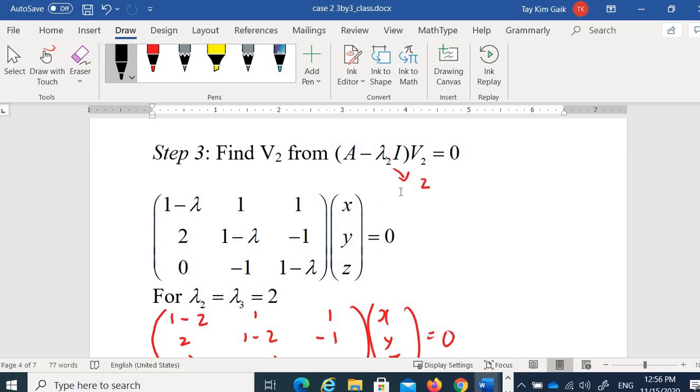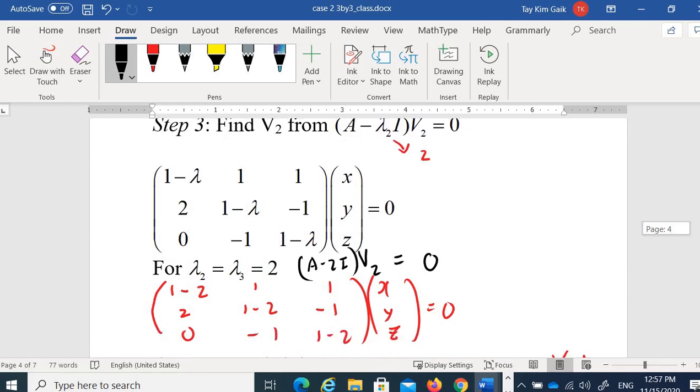The difference for a repeated eigenvalue, where lambda 3 also equals 2, is that for the third eigenvector it's just (A minus 2I) v3 equal to v2.